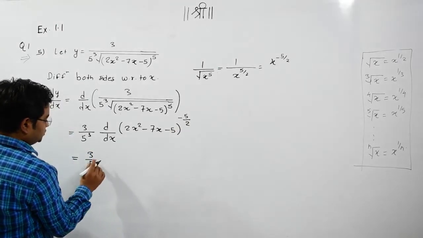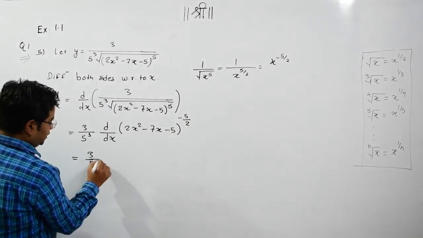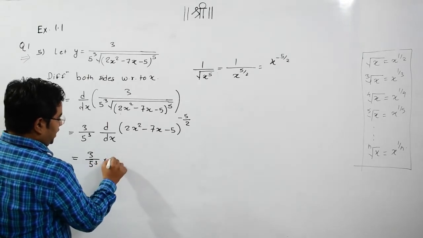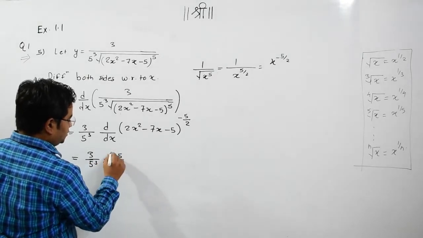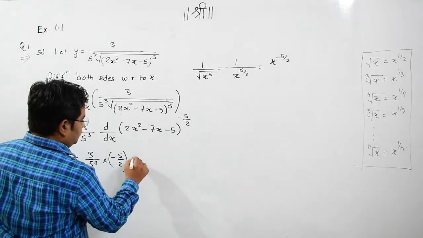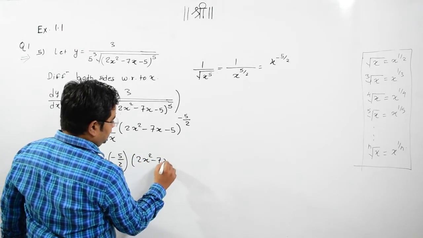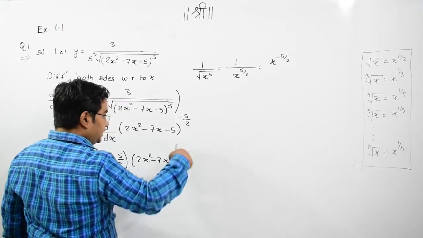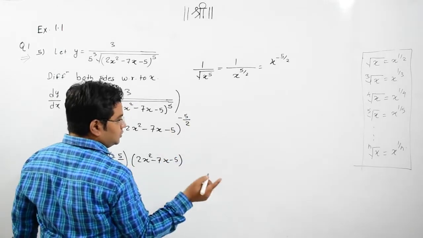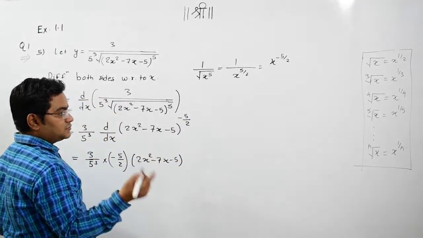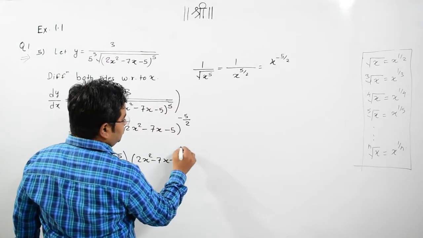So this 5 raised to 3 over here into minus 5 by 2 comes here. What is this f of x? 2x square minus 7x minus 5 raised to minus 5 by 2 minus 1. So that will convert to what?